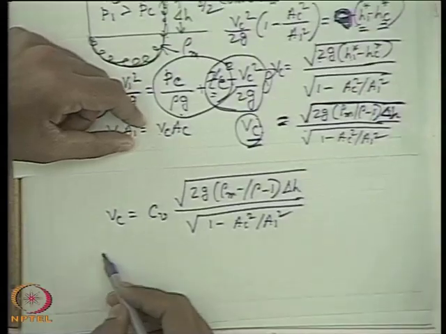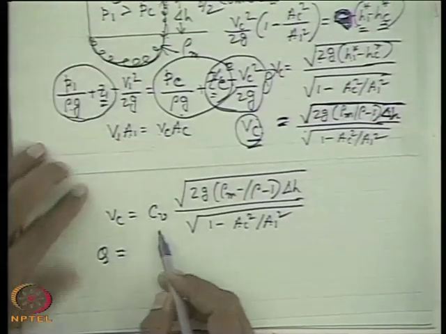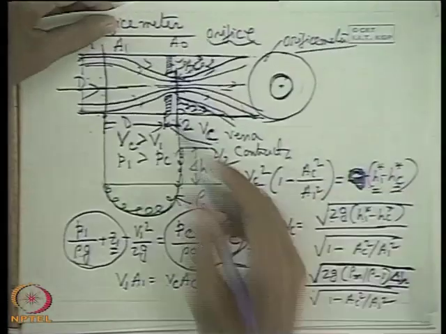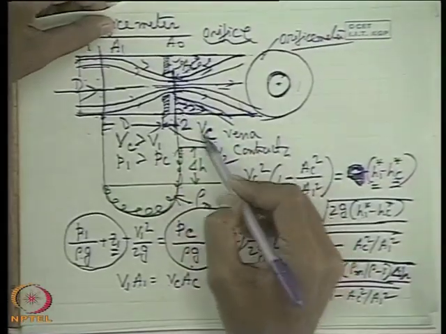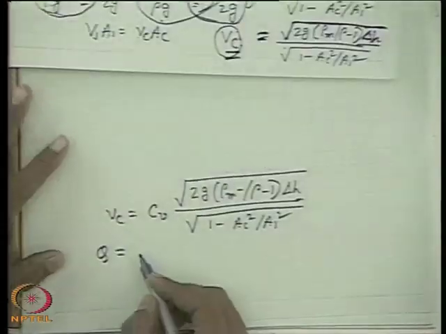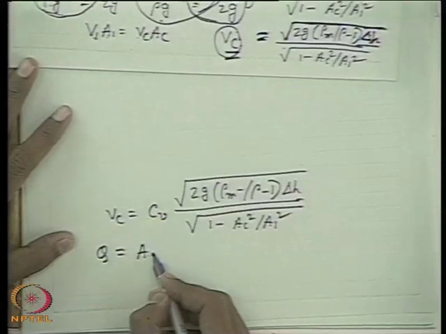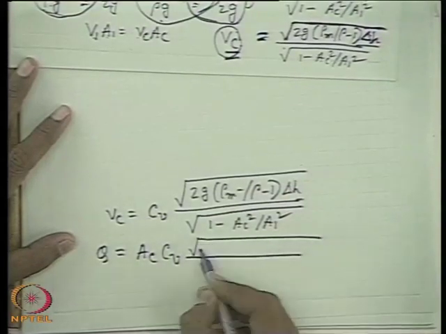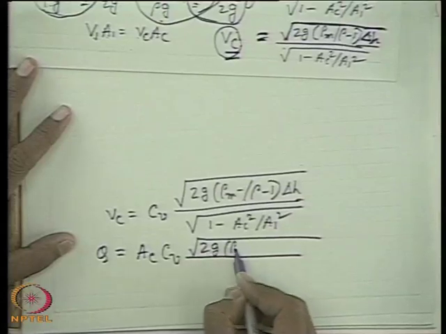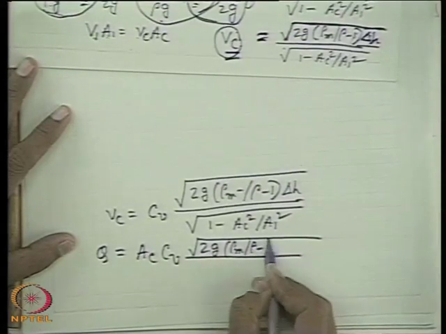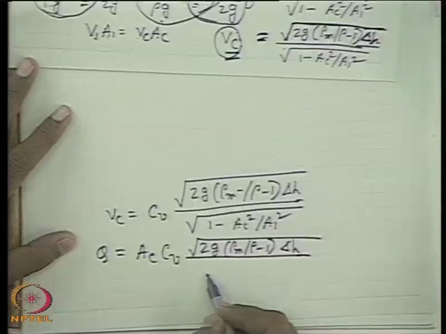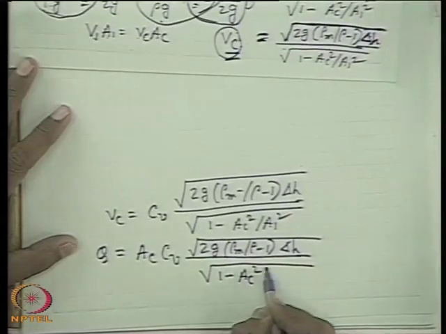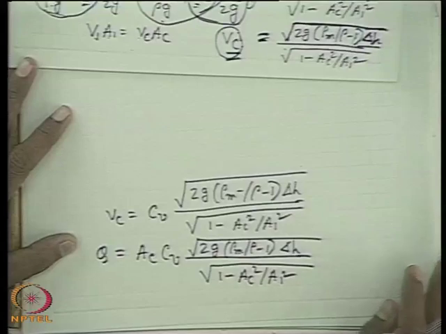So now if we find Q, Vc is this, and this area is AC, the area of contraction. So Q is equal to AC into Cv into root over 2g rho m by rho minus 1 into delta H divided by root over 1 minus AC square by A1 square.